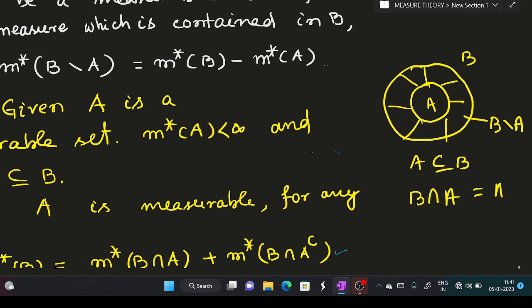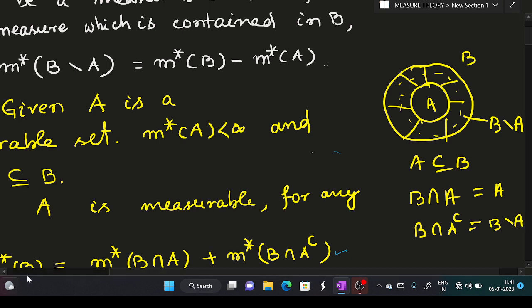It is nothing but A. Similarly, what about B intersection A complement? This is nothing but A complement intersection B. That means these common portions, it is nothing but B difference A.